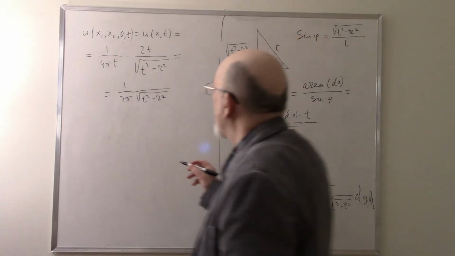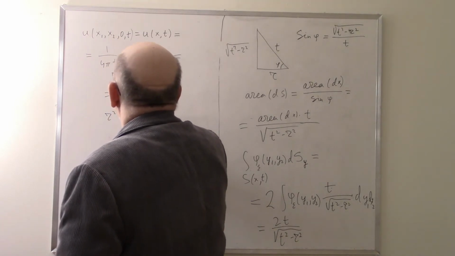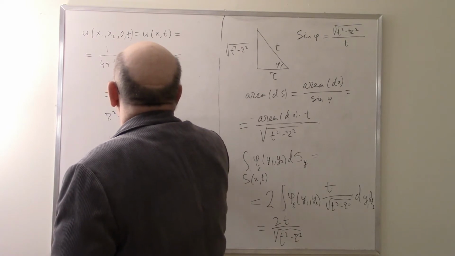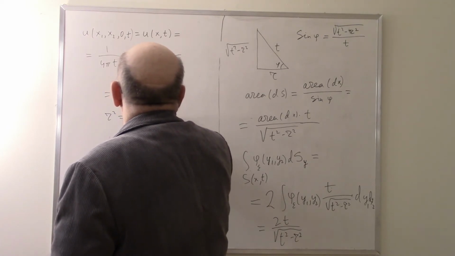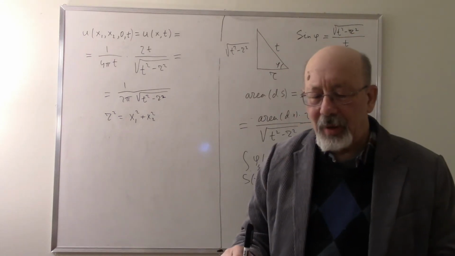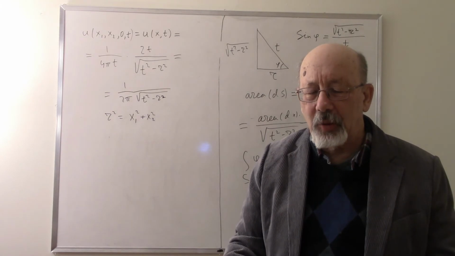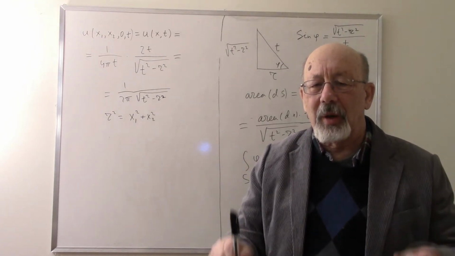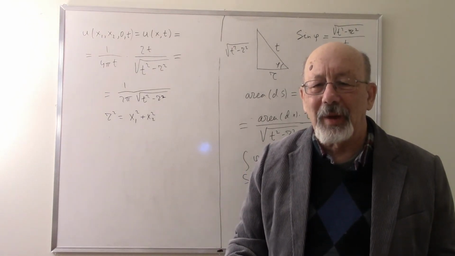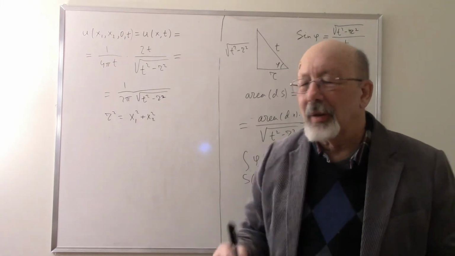Where r square equals x1 square plus x2 square. And as I said several times, this solution does not depend on x3. Yes, it is invariant under shifts in the x3 direction.